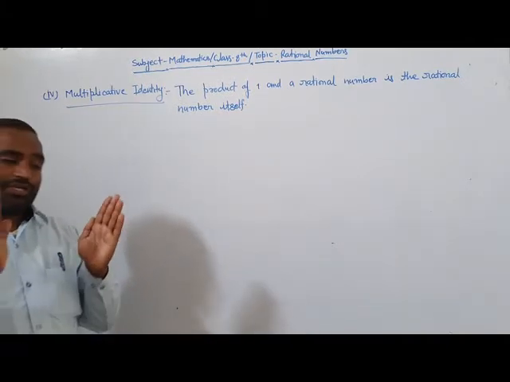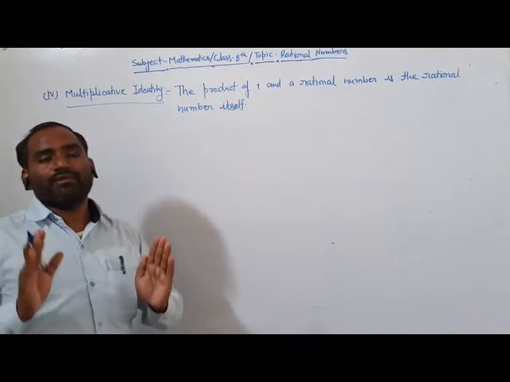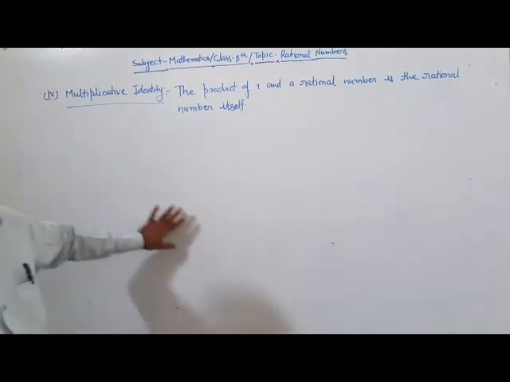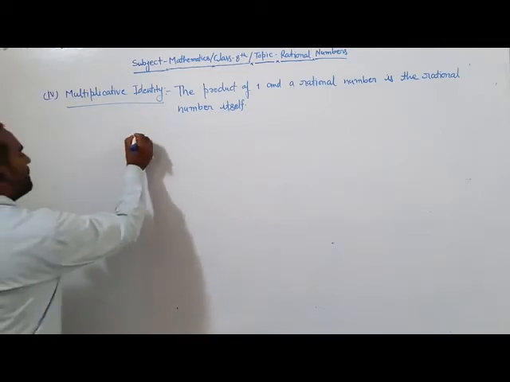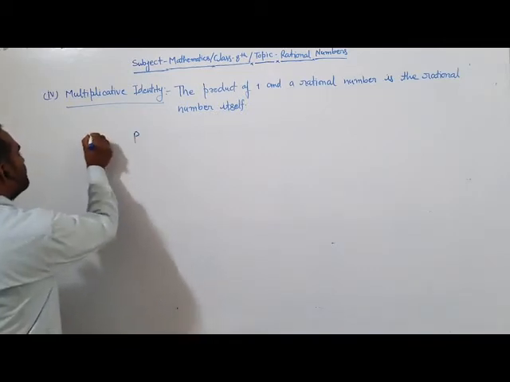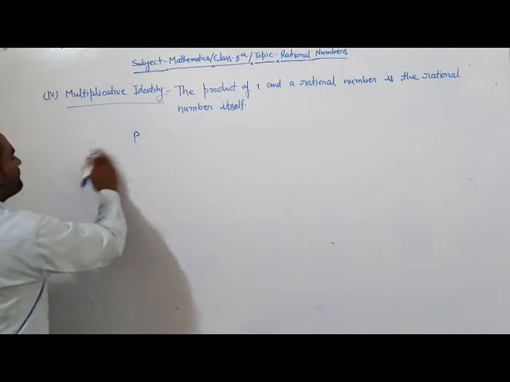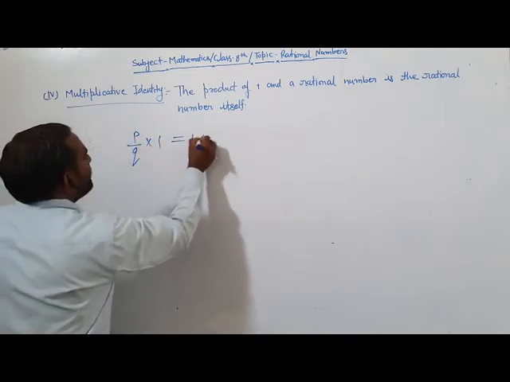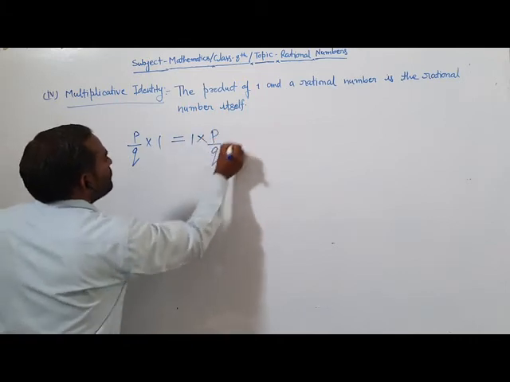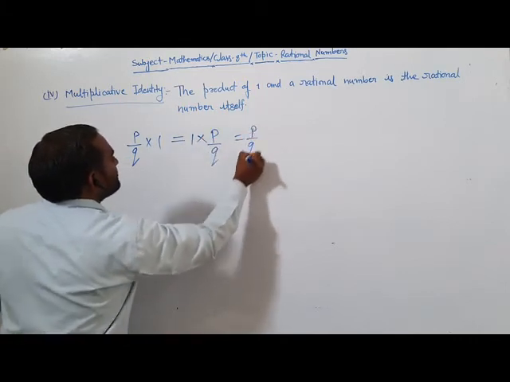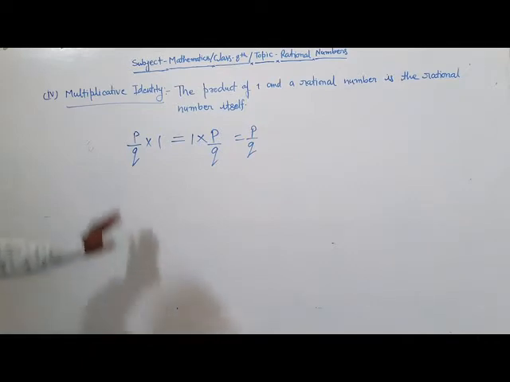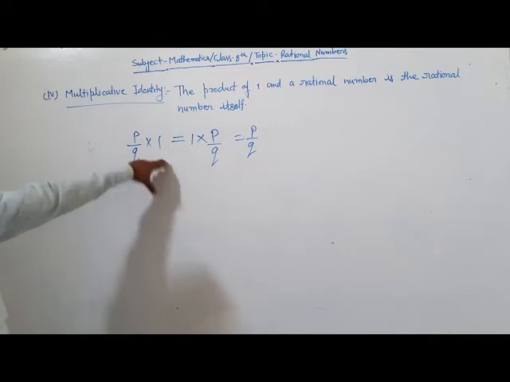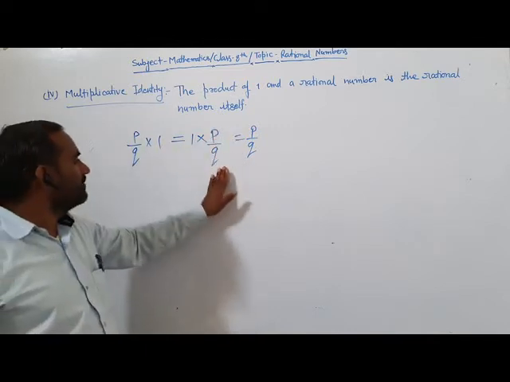If we multiply 1 with any rational number, we get the same rational number as the answer. Like p by q into 1 is equal to 1 into p by q is equal to p by q. Either you multiply p by q by 1 or 1 by any rational number.